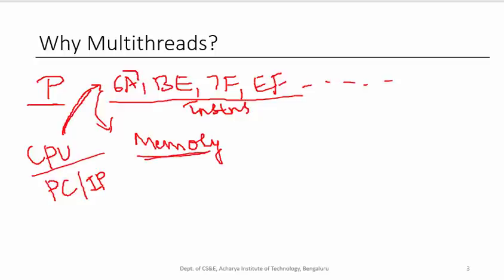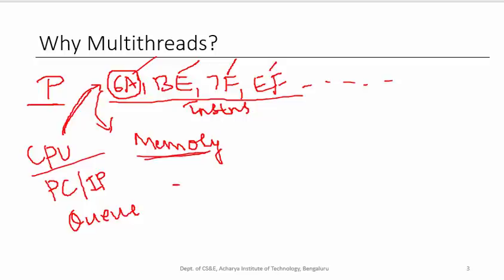In this case, if this happens to be the first instruction, this is brought into the program counter. There can be an instruction queue for storing these instructions. So instructions are brought one after the other into this queue and executed in first come first serve manner. That is, this instruction is executed first, then the program counter is incremented, it points to the next instruction that is brought into the CPU and executed, and so on.